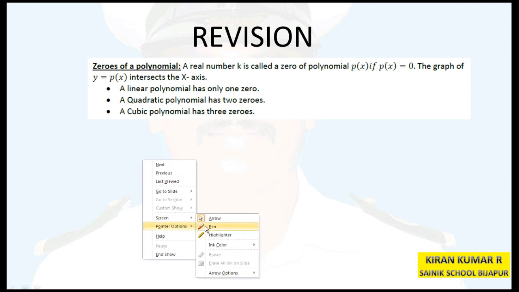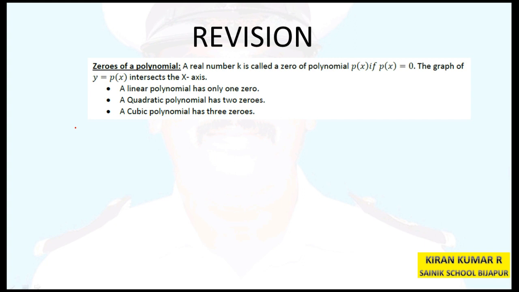Then we had a concept called the value of a polynomial. If there is some polynomial p of x, to find the value of the polynomial for x equal to k, the value becomes p of k. We would simply substitute the value of x with a given number. Here the given number was k, so p of k was the value of the polynomial.